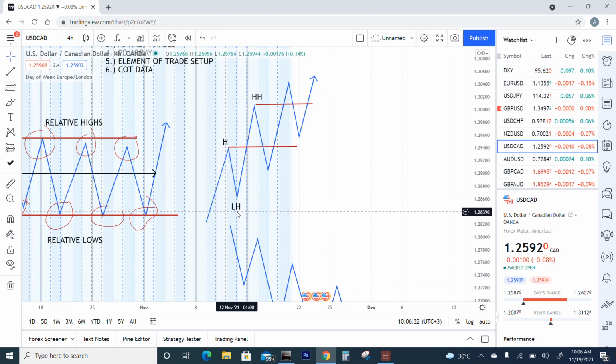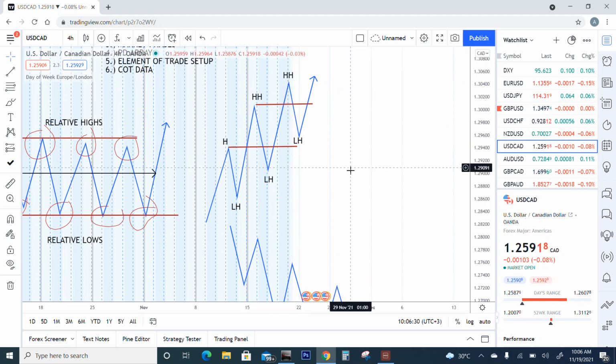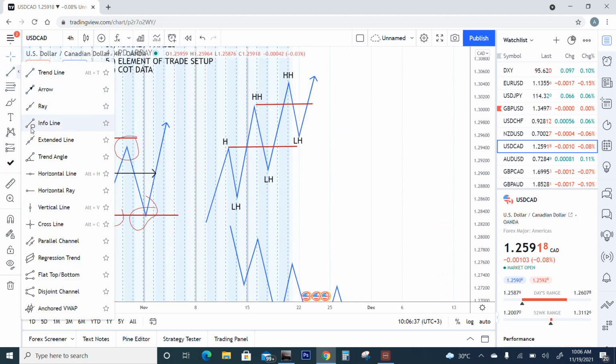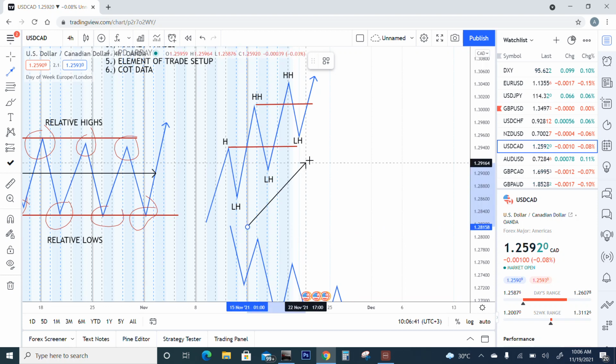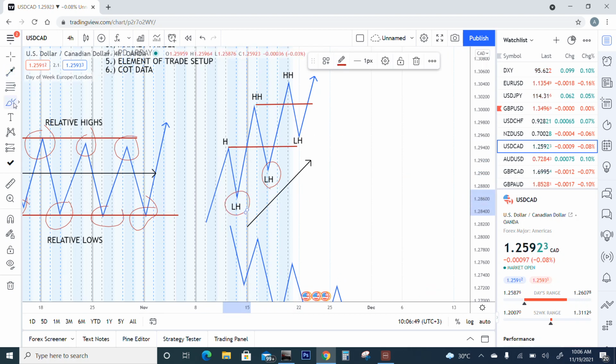That's how the market goes on and on as it goes up. In such market conditions, the market becomes easier for us to predict, to anticipate these higher lows. This is what we're going to be focusing on in this strategy, when the market condition is bullish, meaning buying is going up.